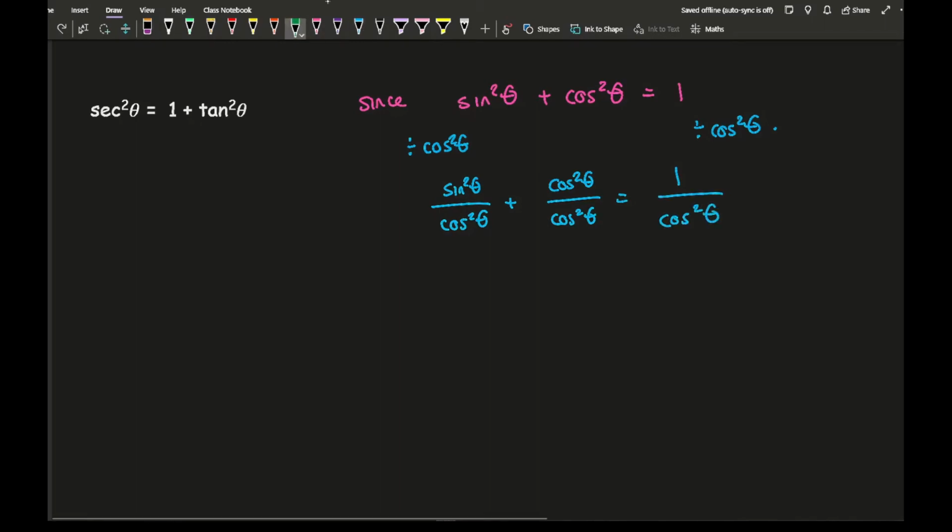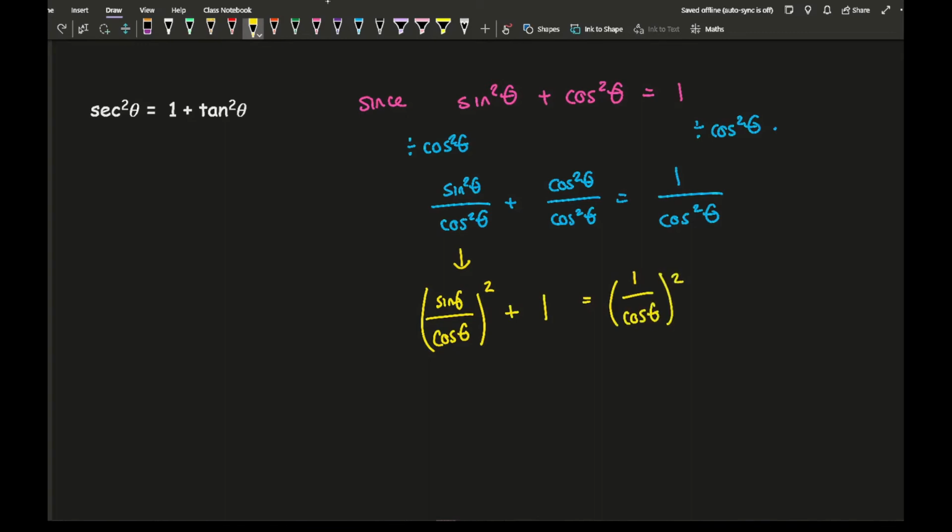Now, another way of writing this is sine theta over cos theta all squared plus 1, because then that simplifies to 1, equals 1 over cos theta squared.